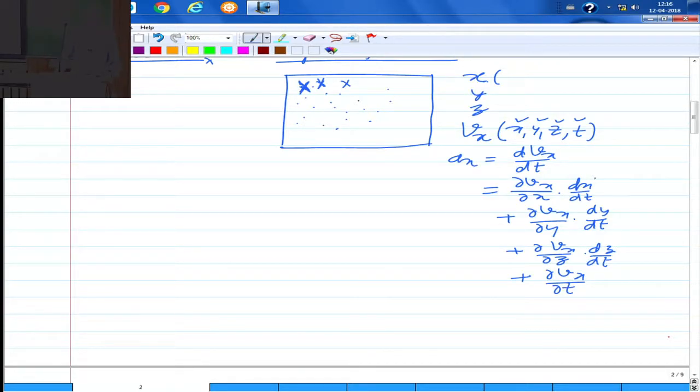Here dx by dt is the x component of velocity, so this is Vx, this is Vy, and this is Vz. So the acceleration, or the time derivative, has these three additional terms, which are referred to as the convective acceleration terms, and this is the material derivative, along with del Vx by del t.